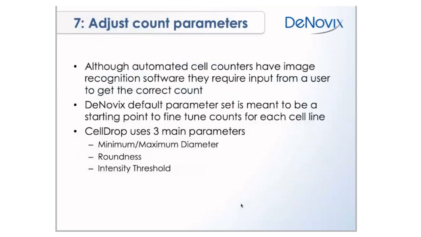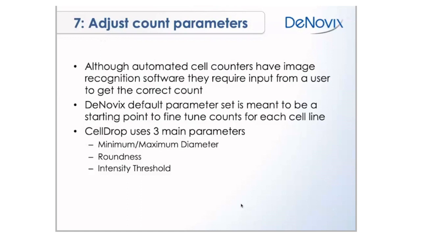Okay, so the final tip here is making sure that you adjust count parameters. Unlike the other tips, this one really only applies to automated hemocytometers. So automated hemocytometers do have some advanced software.